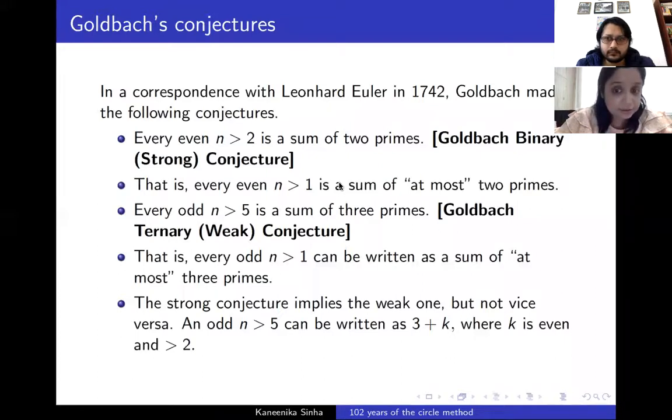Since 3 is odd and n itself is odd, k has to be even, and k is greater than 2. So if you know the strong conjecture, that k is a sum of 2 primes, p1 plus p2, that tells you that n is equal to 3 plus p1 plus p2, and therefore it can be written as a sum of 3 primes.